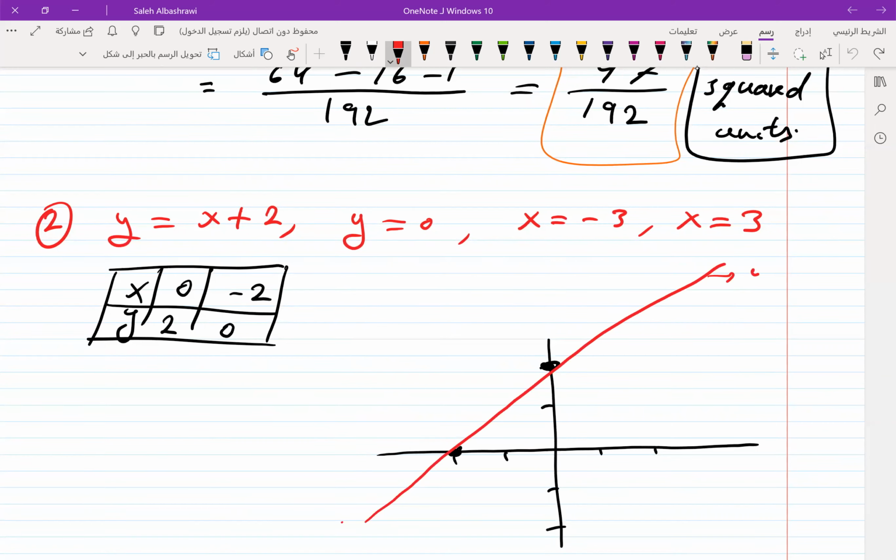This is the graph or the sketch of y equal to x plus 2. Now the second function says that y equal to 0. Y equal to 0 means the x-axis. This is the x-axis. This is y equal to 0, this one.